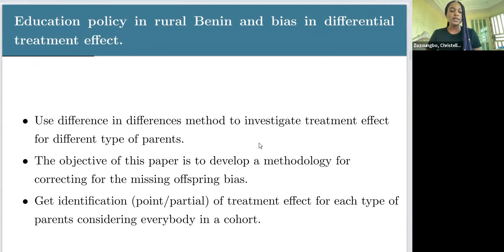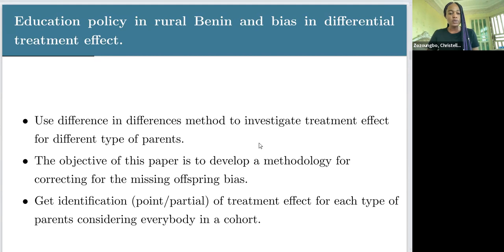And that is the context of Benin and a particular policy that I'm considering, which is the free elementary education for girls in rural areas. That was in 2003. And so I did some work before where I investigate the differential effect of that policy for different type of household. And the way I actually get the information on parents was exactly using what I described. And so the problem is there.